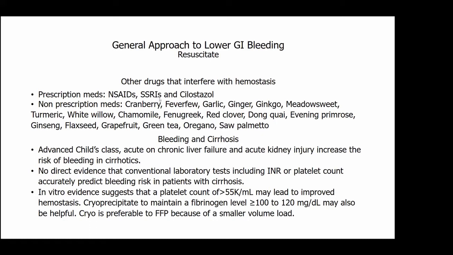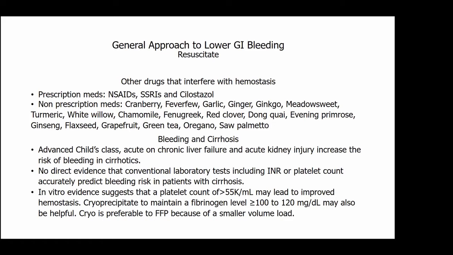Interestingly enough, there was a study of post-PEG bleeding, and it turns out that the risk of bleeding was much greater for patients on an SSRI than for patients taking dual antiplatelet therapy. And of course, unfortunately, there are multiple non-prescription meds that can affect hemostasis. These are mostly nutritional and herbal supplements, and that's why we recommend that these things be stopped a week before an elective procedure.